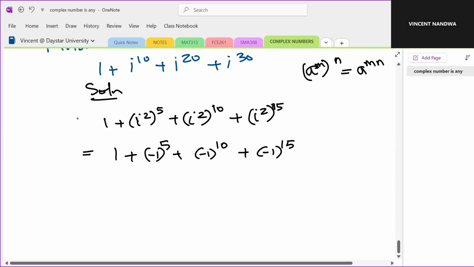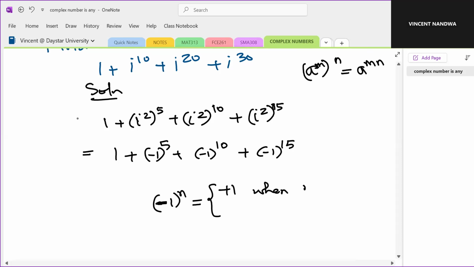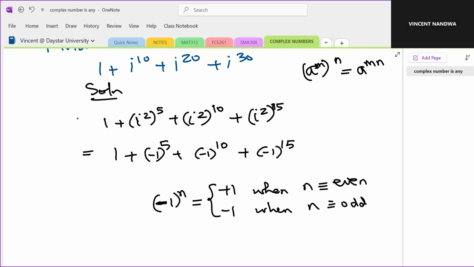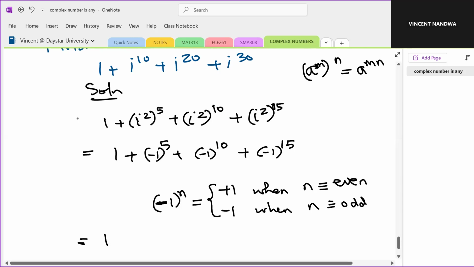And you know from high school that minus 1 power n always has two values. It's positive 1 when n is even, and is negative 1 when n is odd. So that's what negative 1 power n gives. So this means that we'll have 1 plus, since 5 is an odd number, minus 1 power 5 is minus 1.